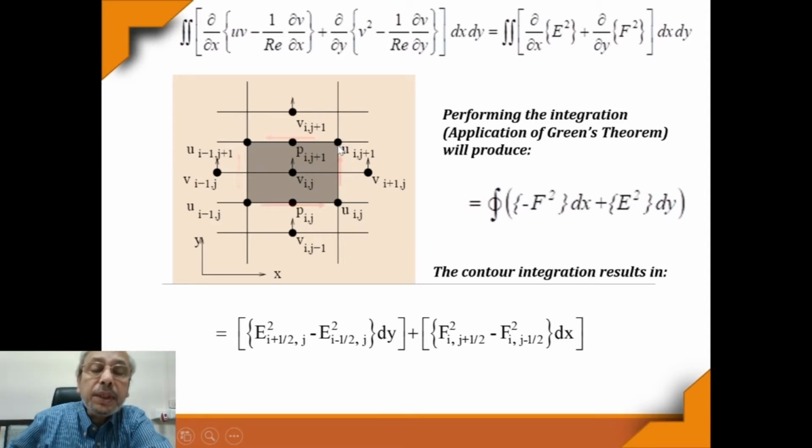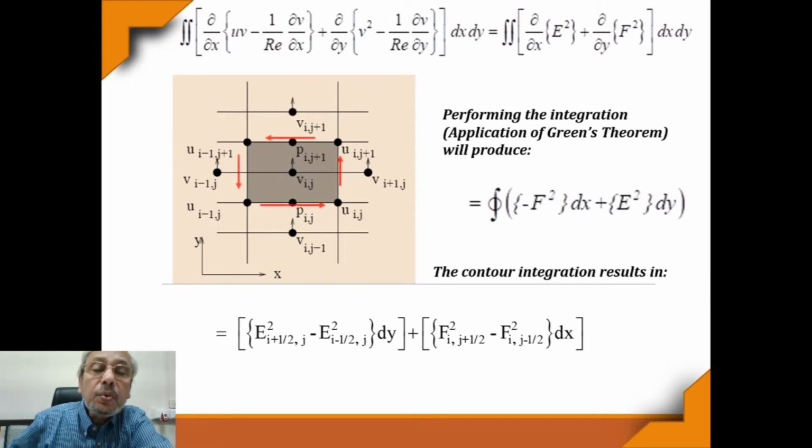With dy we integrate, and then again E2 is defined here, but this time dy is in the negative direction. So you can see E2 at i plus half j. This is ij with respect to v, so this point will be i plus half j.